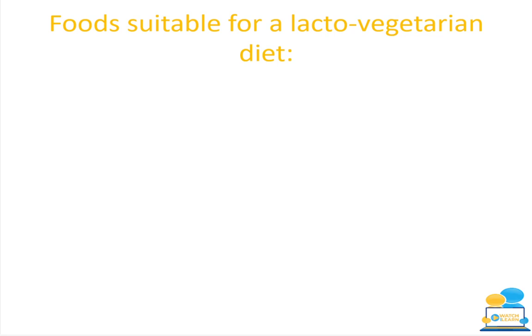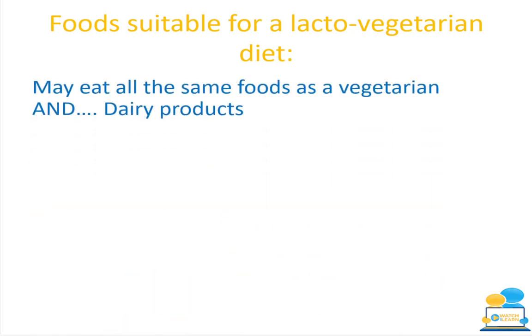So foods which are suitable for a lacto-vegetarian diet. Remembering back to the word lacto, which comes from the word lactose, which means the sugar which is naturally present in dairy products such as milk, yogurt and cheese. So you're looking at someone who can have milk and dairy products, even though they are a vegetarian.